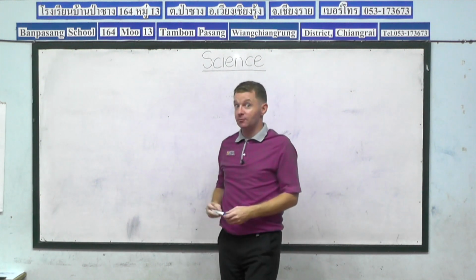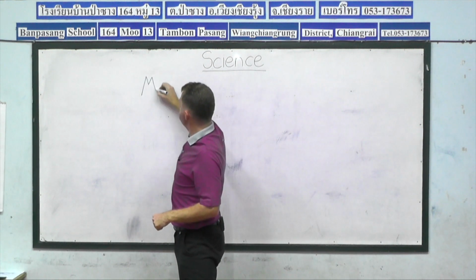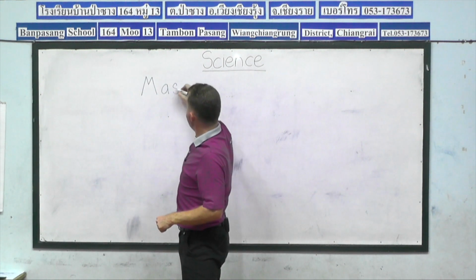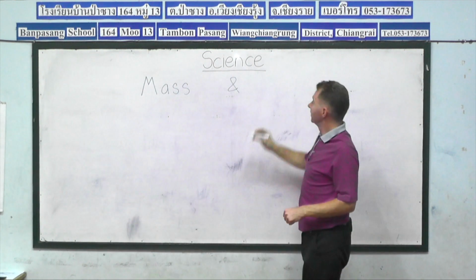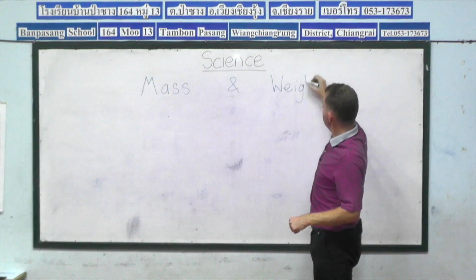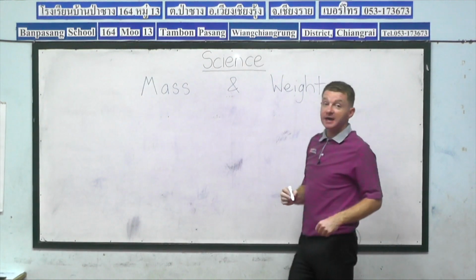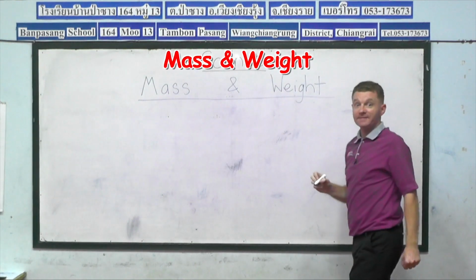Mass and weight. Okay, so how do we spell mass? M-A-S-S. And weight. W-E-I-G-H-T. So all together, guys, mass and weight.